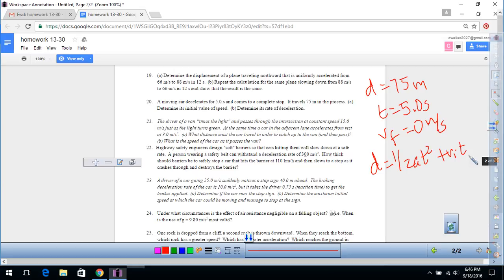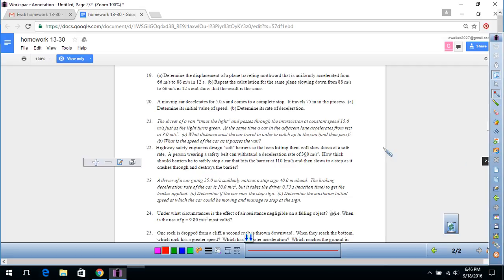But that one's kind of stinky because we don't know the A and we don't know the VI, so not a good choice. So let's see what we could do with VF equals VI plus AT? Well, we don't know A and we don't know VI, so again, not a good choice.